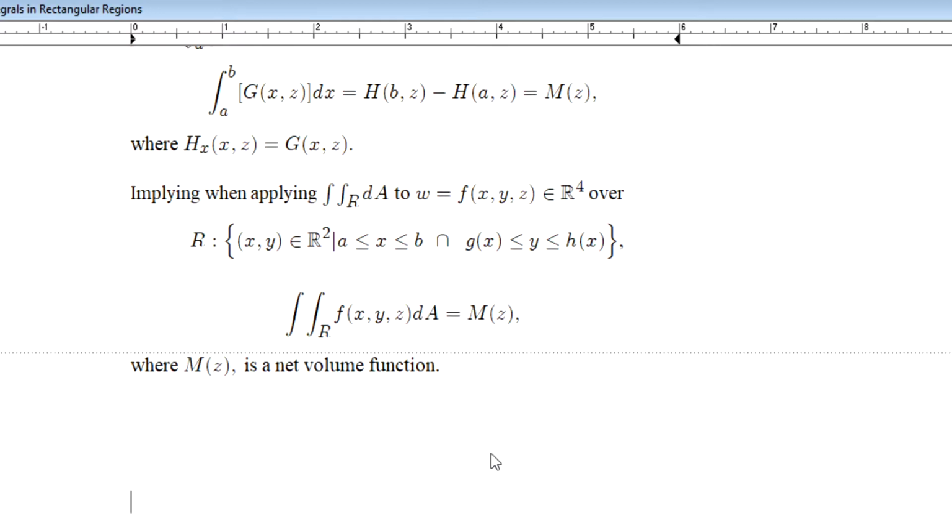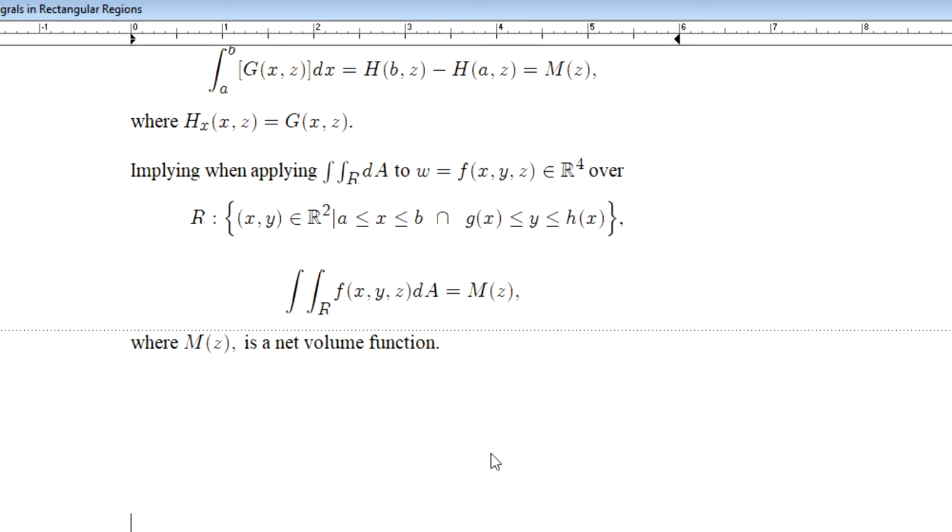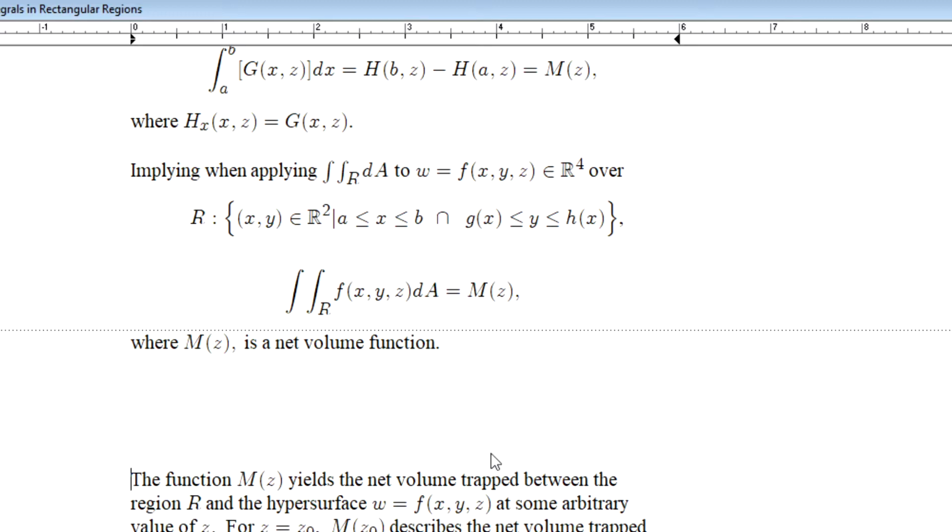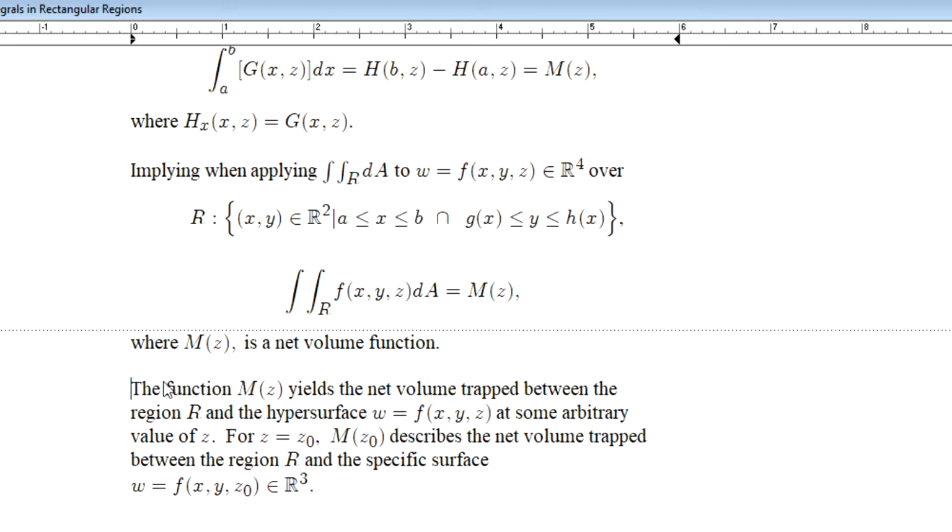All right? I do think I go a little further talking about this net volume if I bring that note into view. This function m of z yields the net volume trapped between region R and what we think of as this hypersurface given by our four-dimensional function big F at x comma y comma z at some arbitrary value of z.